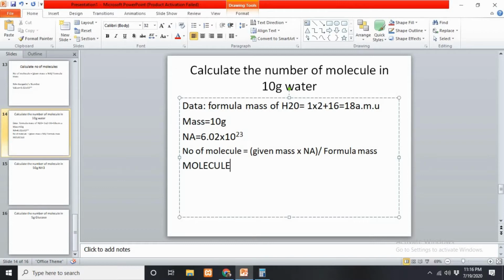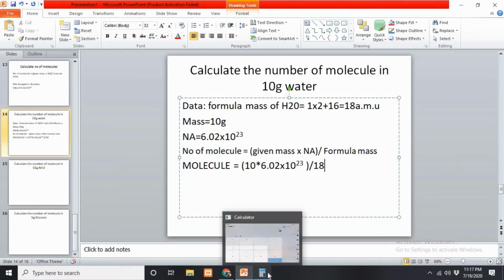So the number of molecules is equal to given mass 10 gram, multiplied by 6.02 × 10^23, and after that you have to divide by the formula mass, that is 18.